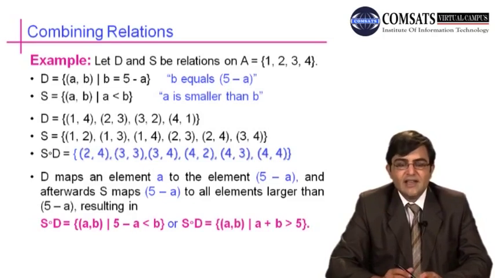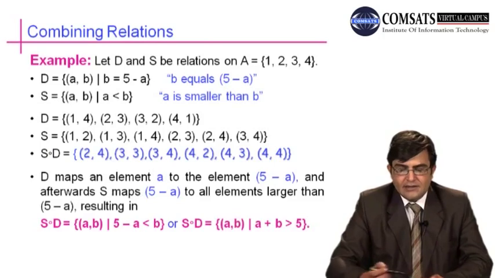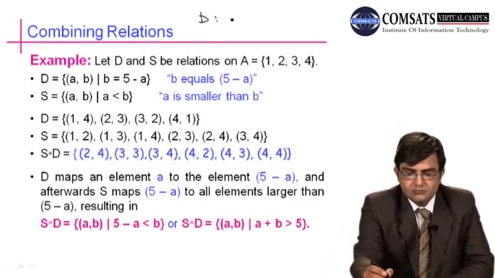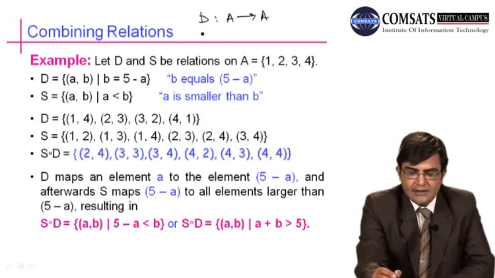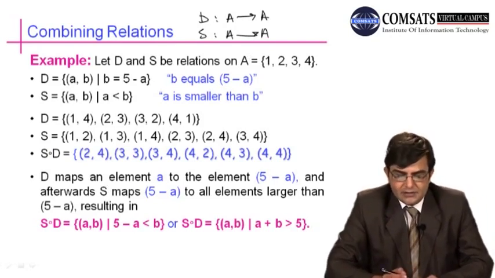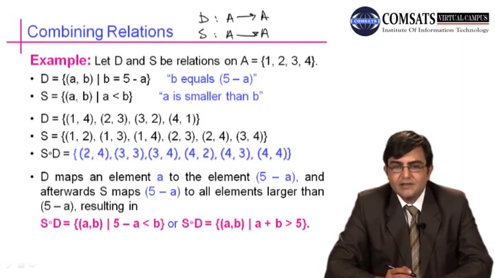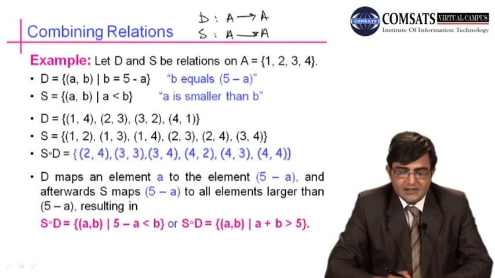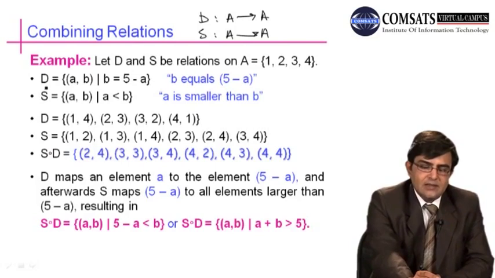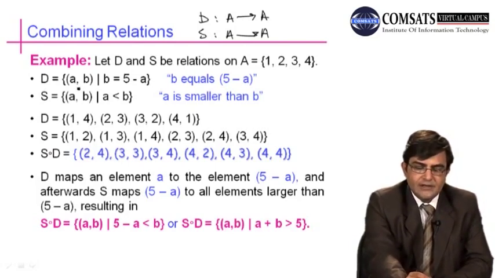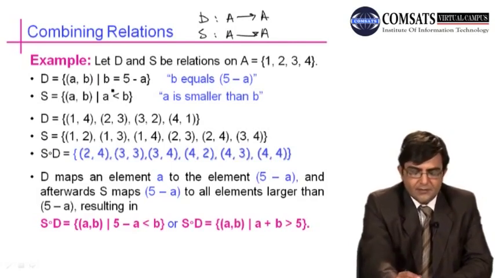Let D and S be relations on set A. These two relations are defined on the same set A, that is, D is from A to A and S is from A to A. So D must be a subset of A cross A, and S must be a subset of A cross A. How is the relation D defined? D contains ordered pairs (a, b), where a, b belong to A and b must be 5 minus a.